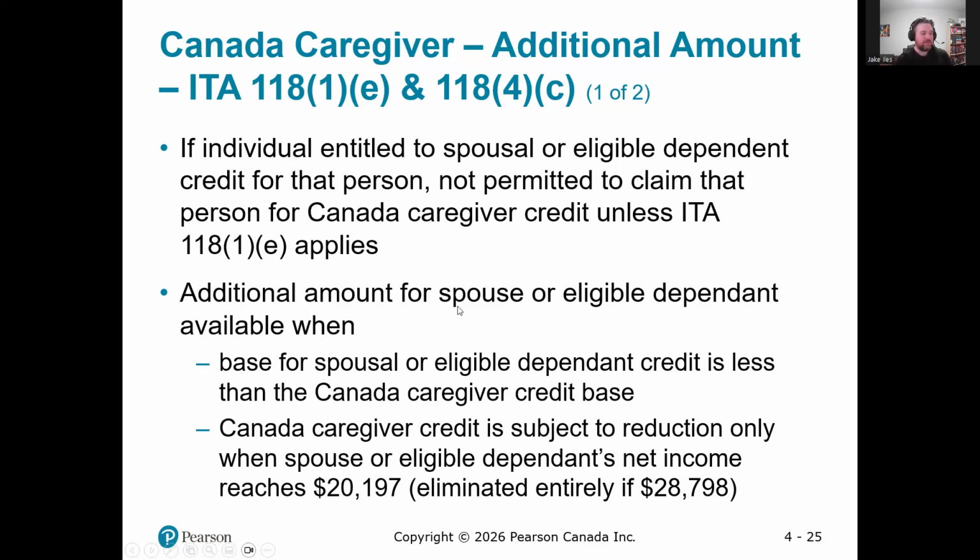But the additional amount for spouse is available when the base credit is less than the caregiver credit base. The Canada Caregiver credit is subject to reduction only when spouse's income reaches 20,000. It's eliminated entirely once their income is 28,798.